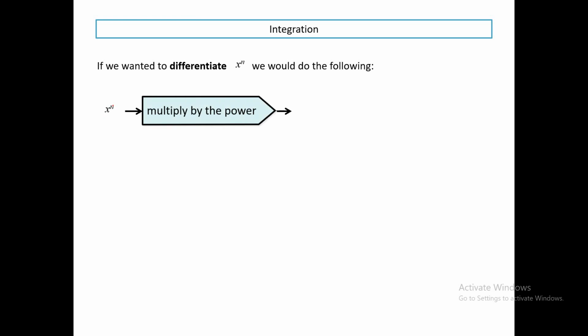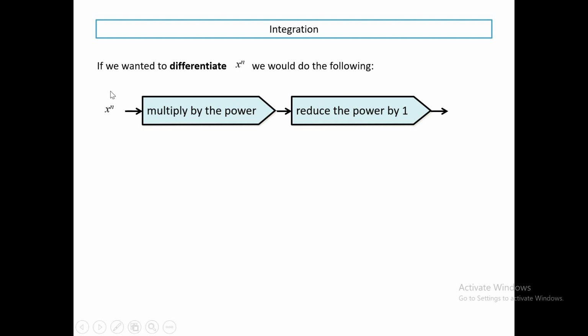The power here is n, so I'm going to multiply by the power, meaning convert the exponent to be a coefficient, and reduce the power by 1. Take 1 from the exponent. So the derivative of x power n is n multiplied by x power n minus 1.